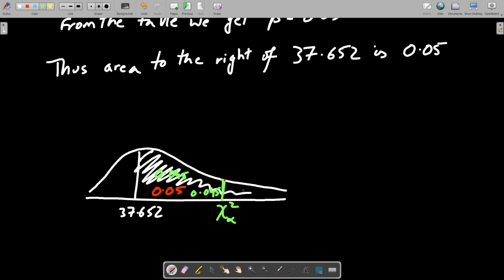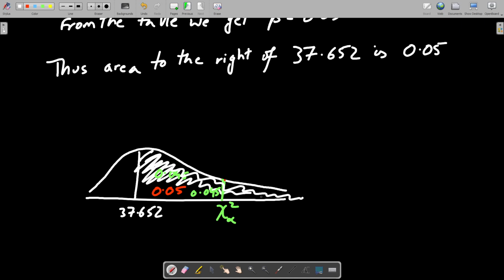So what should be this area over here? The total shaded region from here up to infinity is 0.05. This part is 0.045.